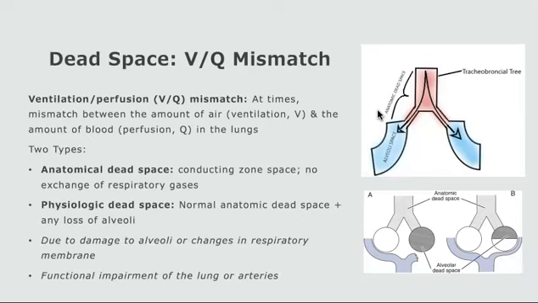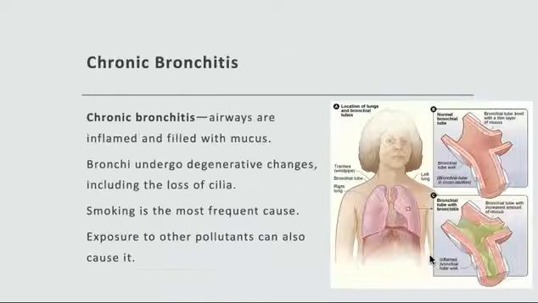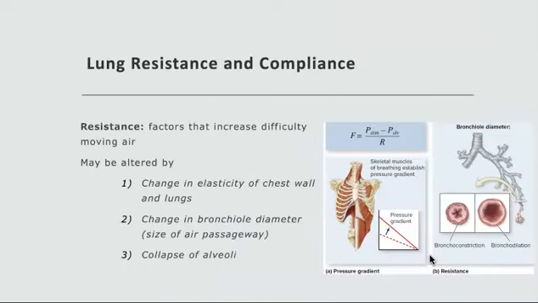Whereas the physiologic dead space is our normal anatomic dead space plus any loss of alveoli, or it may be a loss of the capillary here so that we are not able to do gas exchange. So typically it's due to damage of our alveoli or changes in what we call the respiratory membrane. And let me go back and just describe what I mean by that respiratory membrane.